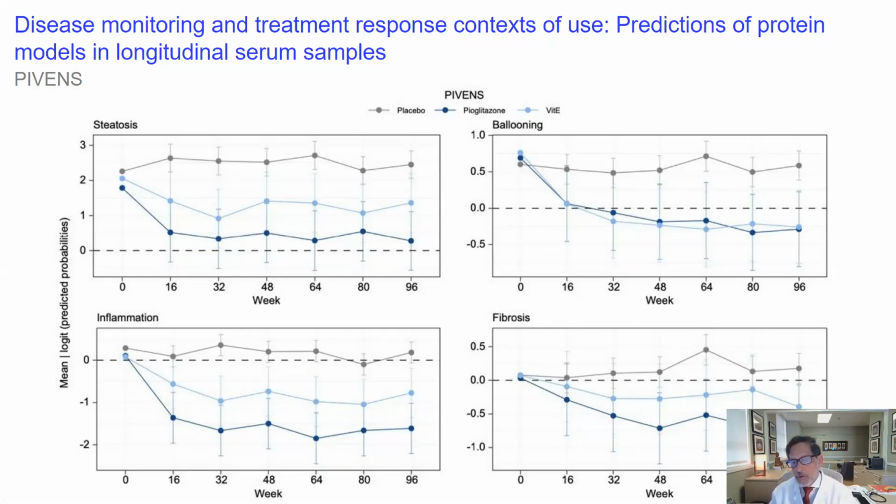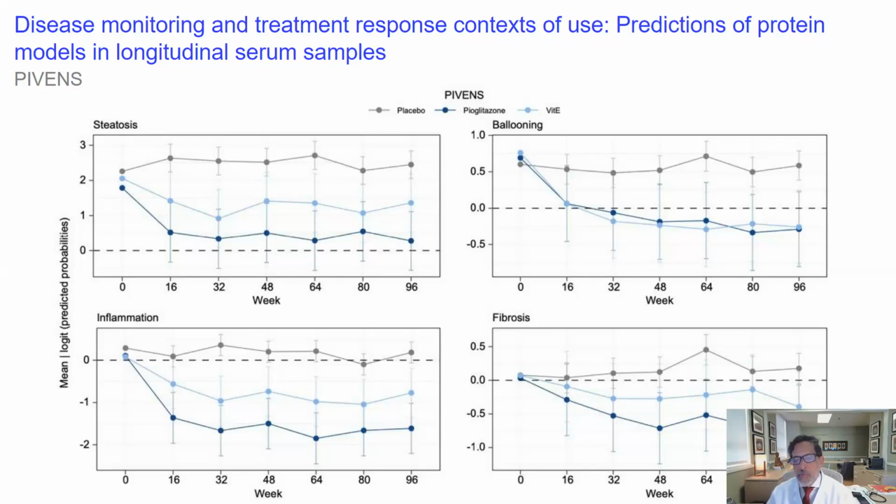Similarly, when you look at ballooning on the right, the placebo remains relatively flat, and you're seeing a very nice reduction in the ballooning. We see an improvement in inflammation, and you're even capturing the small differences that we saw histologically in fibrosis. And remember that these signatures, the proteomics, a priori independently predicted this.